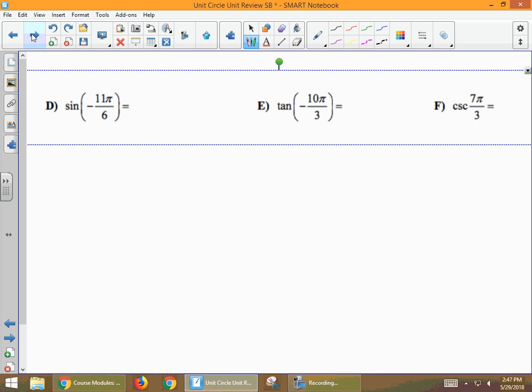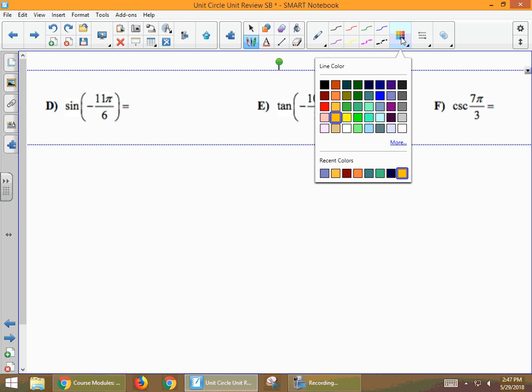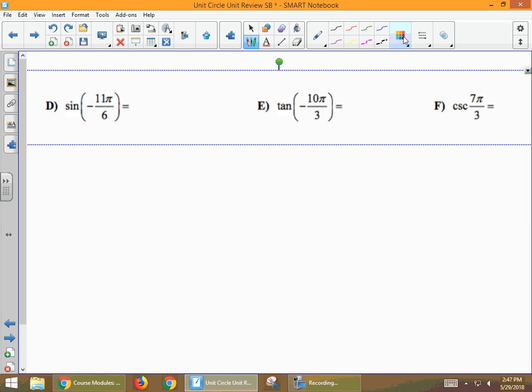On to the next. If you're watching the video and you haven't tried these on your own, why don't you pause and try to at least find the coterminal angles and come back. All right, sine of negative 11 pi over 6. Work with the angle first. Negative 11 pi over 6 is too small to be on our unit circle.